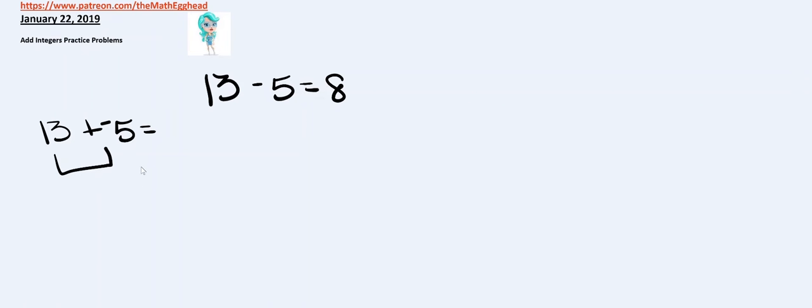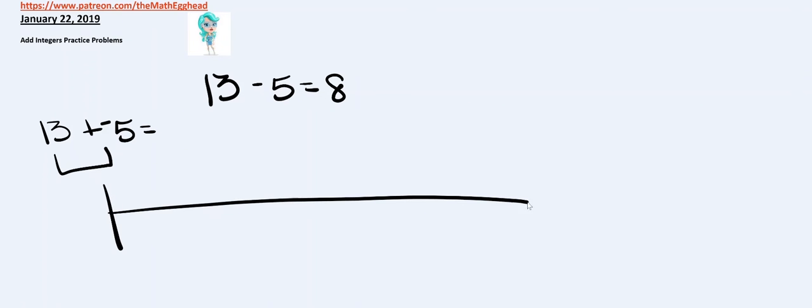But for those who want to see it on the number line really quick, let's go ahead and try this out. Now this is a bigger number, so for time purposes only, let's say this is 13, 14, 15, 16, 17, 18, right?